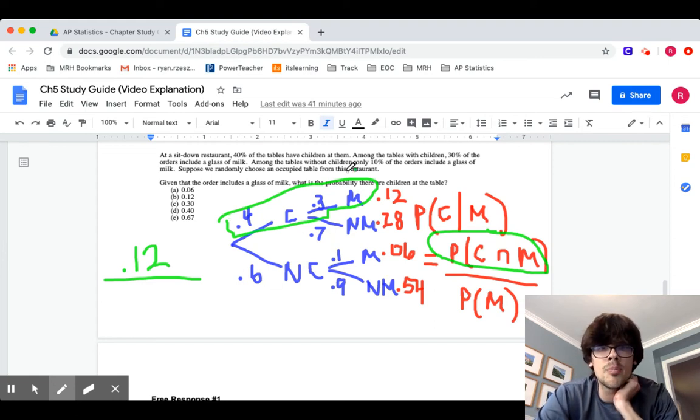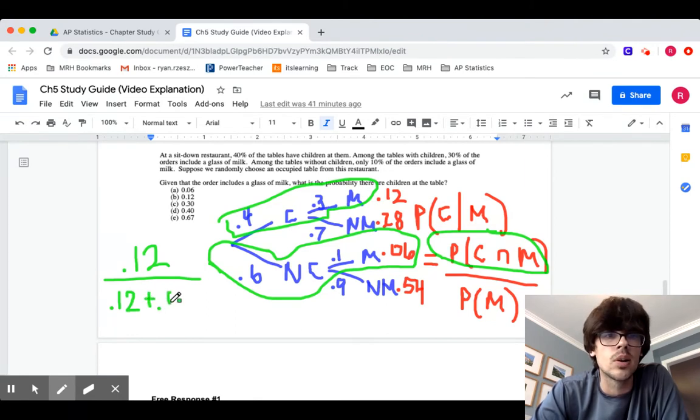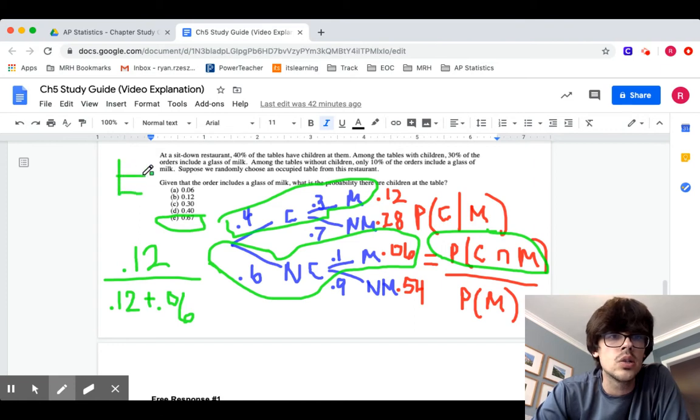Well, that could happen with my green path, but it could also happen with this path right here, no children and milk as well. So for my probability of milk, I have to add those two together. So I would have 0.12 and 0.06. You could very easily make that a 0.18 right away, and that would be okay. But showing extra work is a smart idea when you can. If you divide those, you're going to get 2/3 or 0.67 for the answer. So we had to use our conditional probability formula to correctly solve that one.